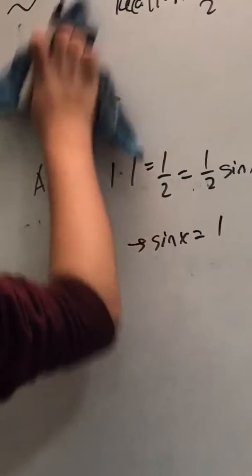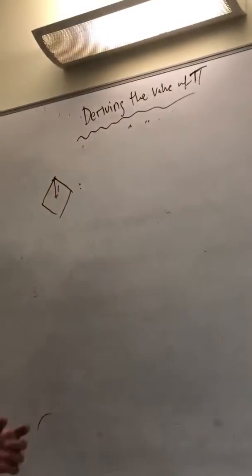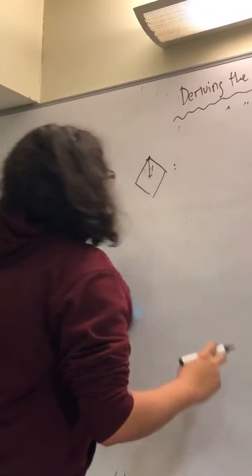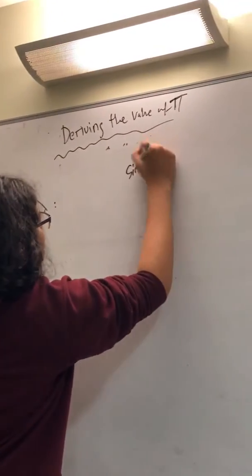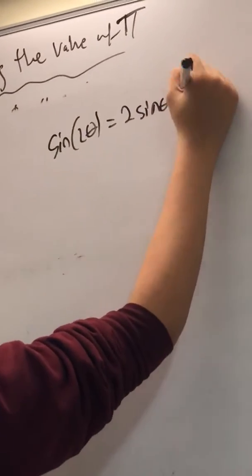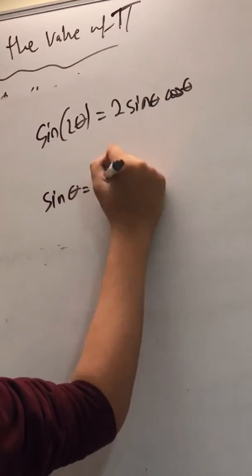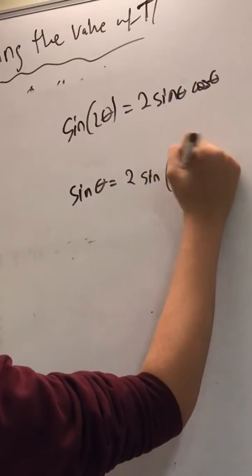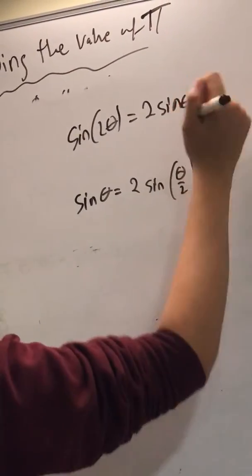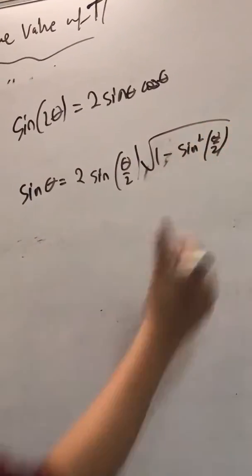Well, we can use the double angle formula and derive a half angle formula. One thing to note is all our angles are less than or equal to 90 degrees, so we don't need to consider all possibilities. So we know that sine 2 theta for any theta is equal to 2 sine theta cos theta. Since we're using half angles and we're only dealing with acute angles, we can rewrite this as sine theta is equal to 2 sine theta over 2 times the square root of 1 minus sine squared theta over 2.